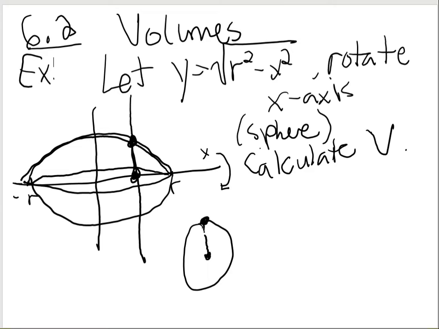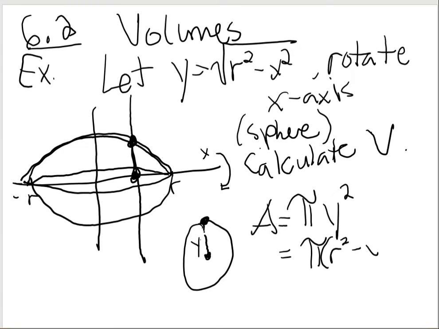And what is that height? Well, that height is just y. We can calculate that area. It's pi times the radius squared, or y squared, or pi times r squared minus x squared. And that gives us our cross-sectional area.